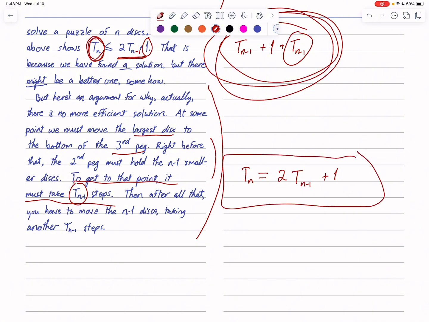And so for any given value of n, we can always determine it if we know the value for n minus 1. And we know that T1, we've already talked about that, is equal to 1. And so we also computed that T2 is equal to 3. That's the argument we made earlier.